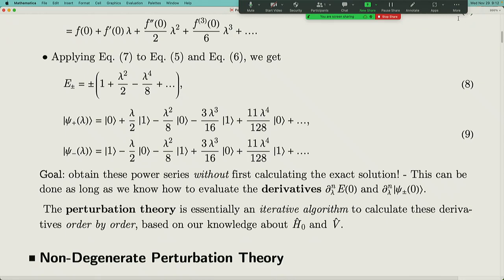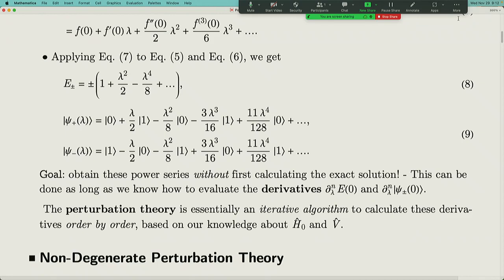So that's the idea. Perturbation theory provides an iterative algorithm to compute all these derivatives order by order. So you first compute the first order, and based on that result, you compute the second order. It provides an iterative way to do this computation.